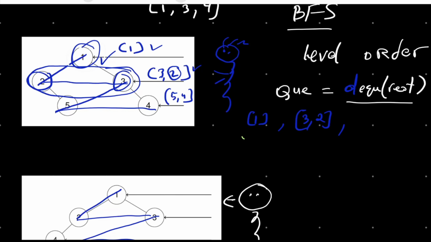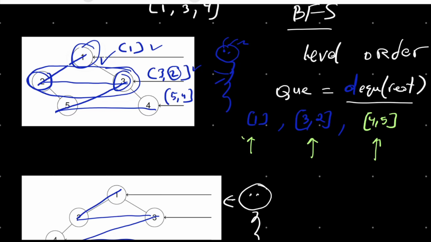And after the third level we have 4 and 5. So this is the list of the nodes in the first level, this is a list of the nodes in the second level, and this is a list of the nodes in the third level.